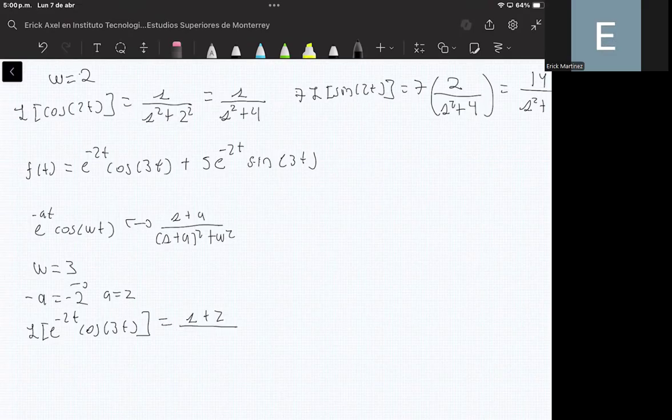And this is divided by s plus a, in this case 2, squared, plus omega squared, that is 3 elevated to the second power.